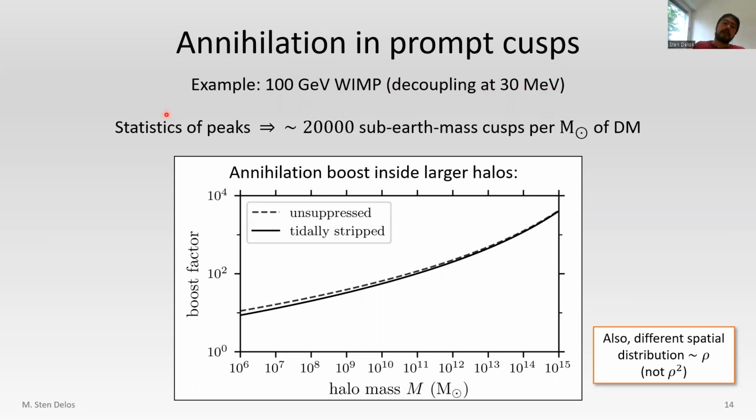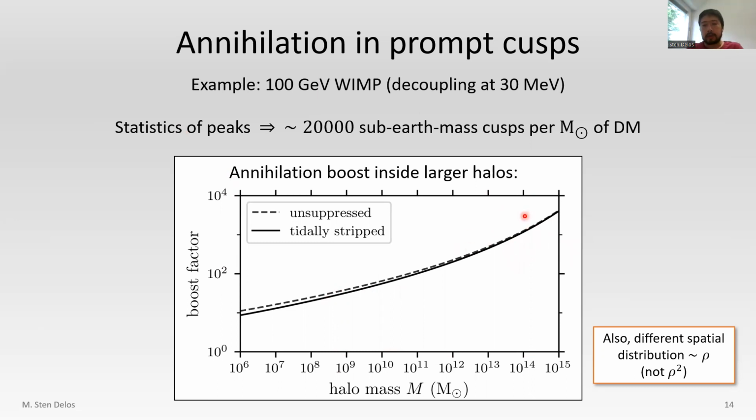An application of the statistics of peaks tells us that something like 20,000 sub-Earth mass prompt cusps should reside in every solar mass of dark matter. If we calculate the annihilation rate in these cusps, we find that annihilation in larger halos is boosted by factors ranging from around 30 for dwarf scale halos up to maybe 1,000 for cluster scale halos.